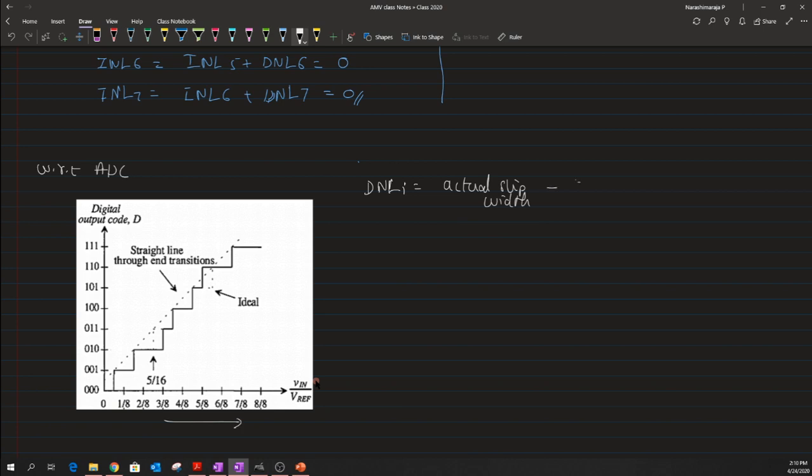The ideal step width remains the same, so it is supposed to be equal to 1 LSB, and depending on the resolution of the ADC that you use, one could substitute an appropriate value of this 1 LSB by computing 1 upon 2 to the power n. In this case, this 1 LSB points out to a value of 1 by 8.